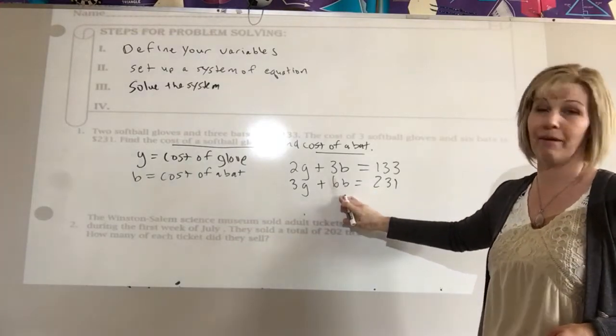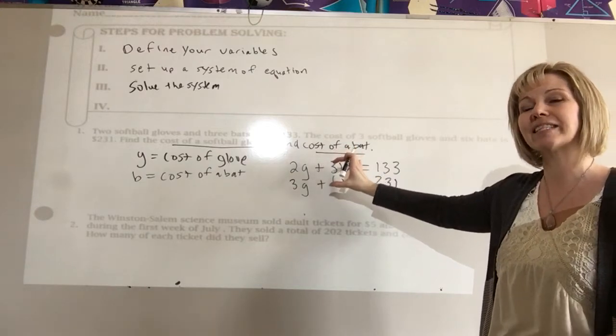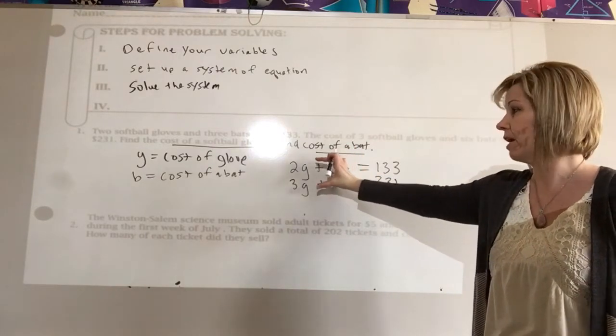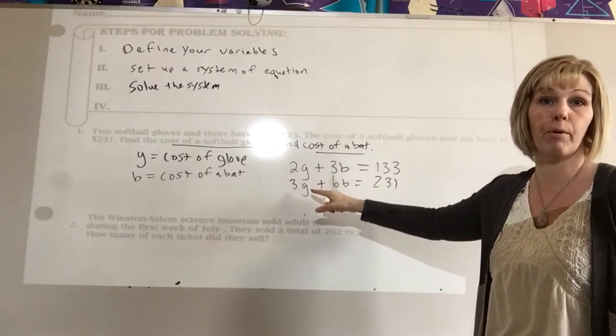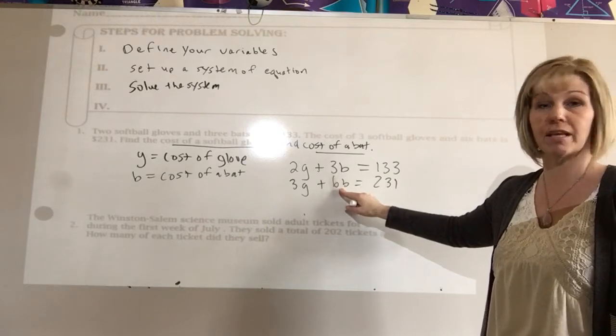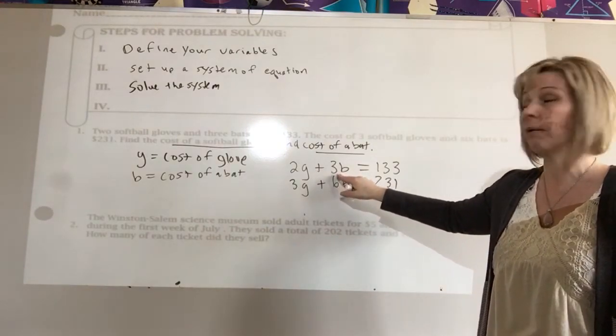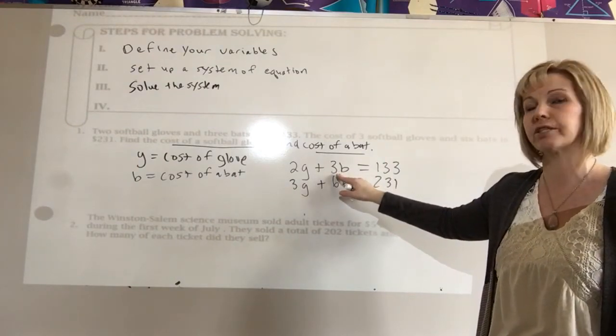And so you think about, okay, to eliminate you have to have the exact same variable but different signs. So if you look at the G, the 2 and 3, they both go into 6. But if you look at 3 and 6, they also go into 6. So I would probably get rid of the B's because I just have to alter the top equation here.